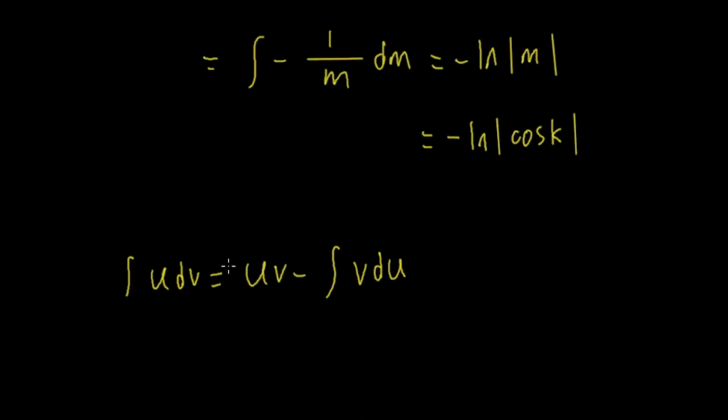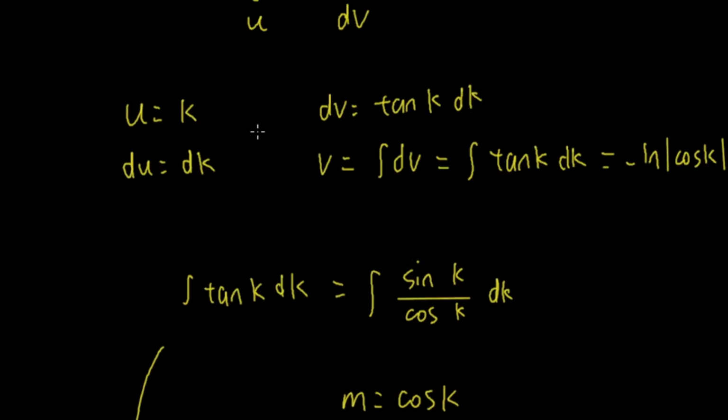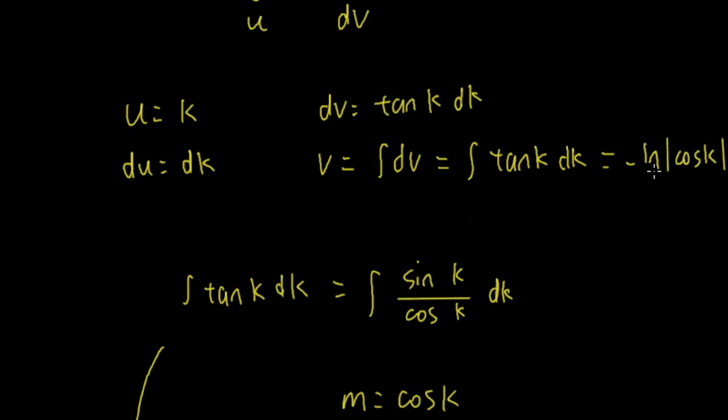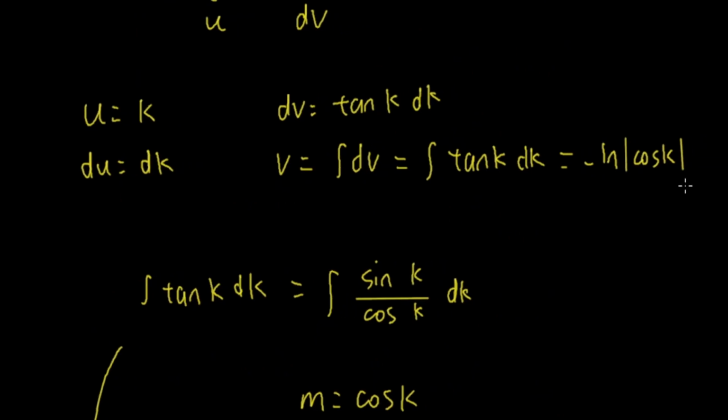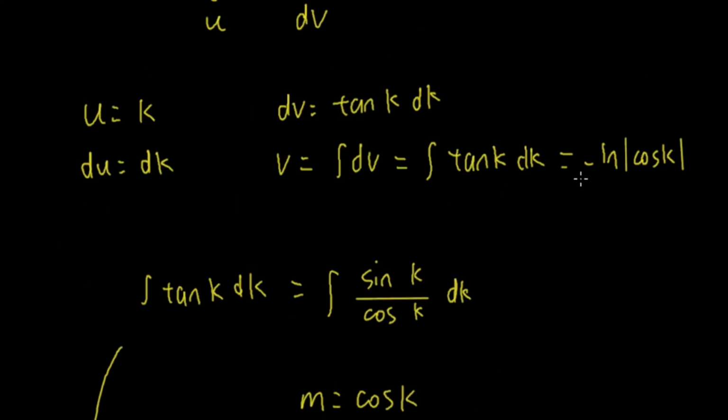So let's put it here so that we don't forget. 2 times the integral of k times 10k dk is equal to, now 2 times, now u is k, so k times v, which is negative ln of cosine k, here, minus the integral of v, which is negative ln of cosine k.